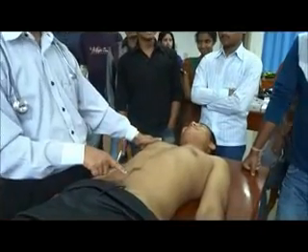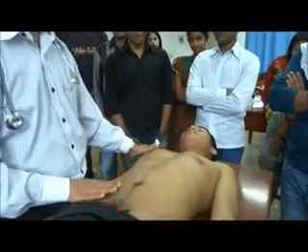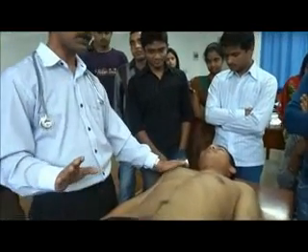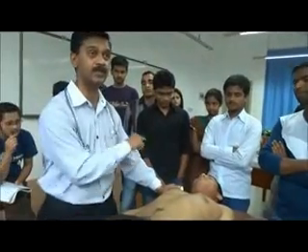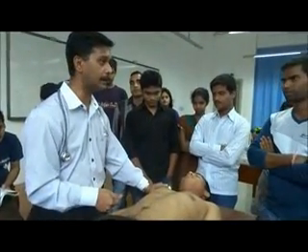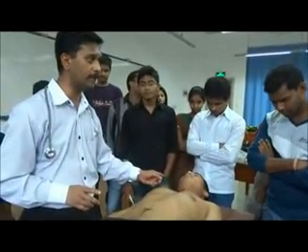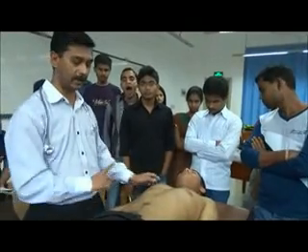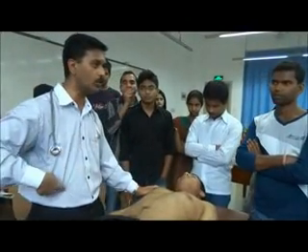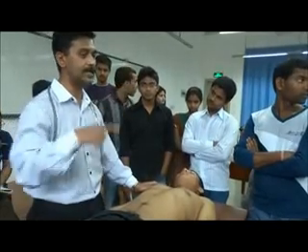Maybe pain here, maybe pain in the right iliac fossa, maybe pain here. This is called the pointing sign. When you ask the patient to point out the specific pain area, and the patient shows you the specific point, saying this point I am feeling pain, then it is called the pointing sign.